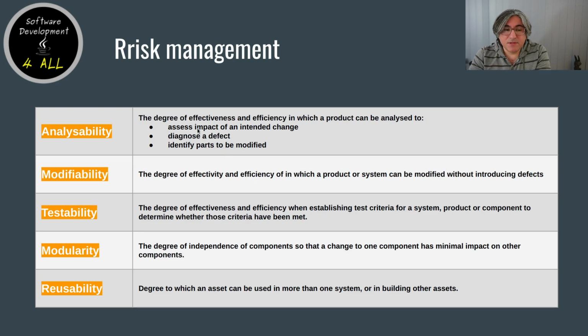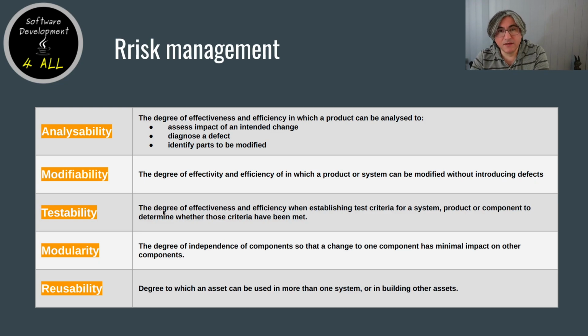Analyzability is, as I said before, the degree of effectiveness and efficiency with which a product can be analyzed to assess the impact of an intended change, diagnose a defect, or identify parts to be modified. Modifiability is the degree of effectiveness and efficiency with which a product or system can be modified without introducing defects.